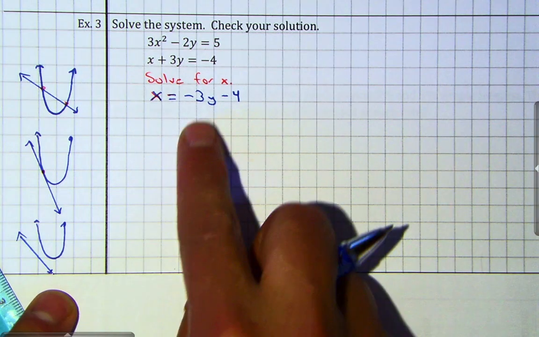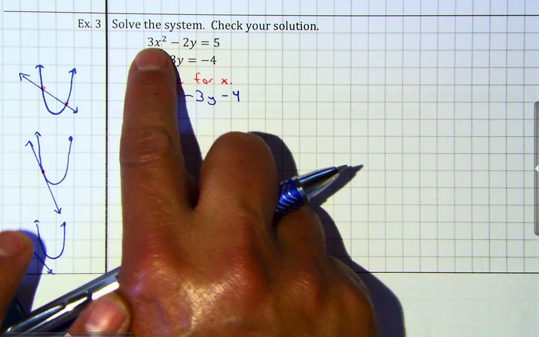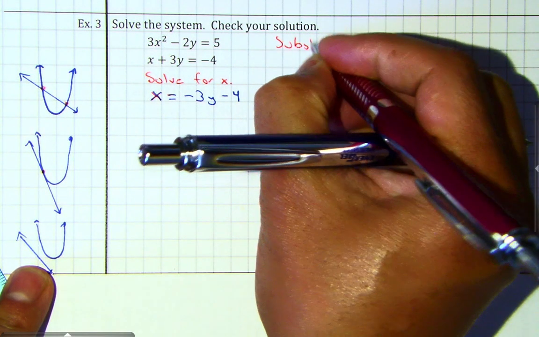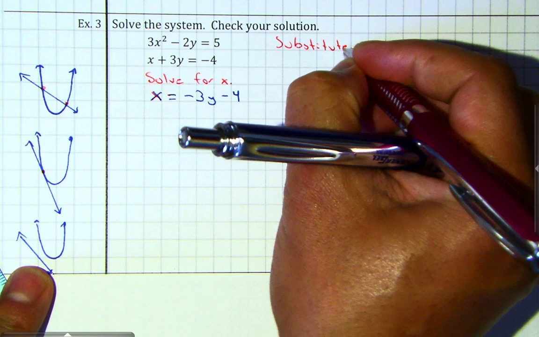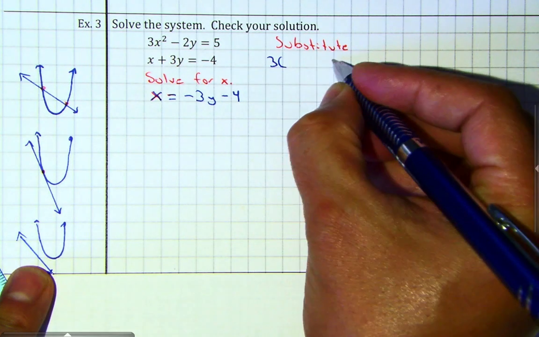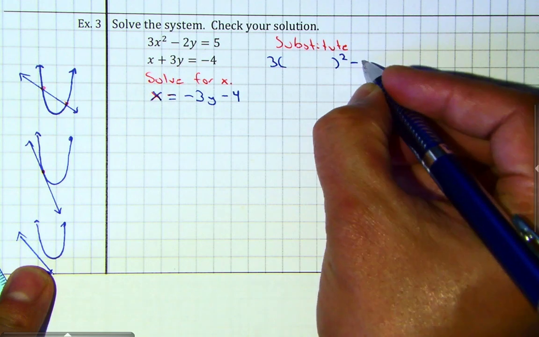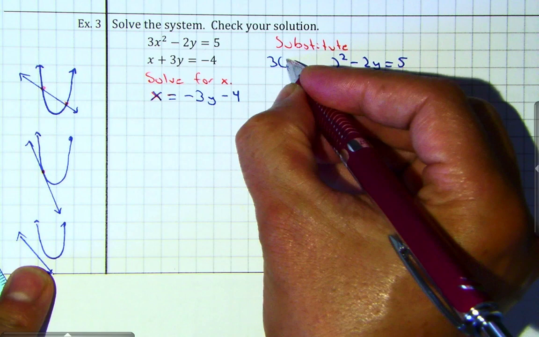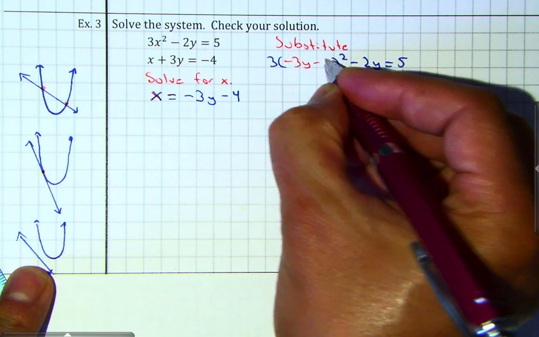We should plug this into the other equation. So we're going to substitute into the other equation. Therefore it will be 3x squared minus 2y equals 5. But instead of the x, I'm going to replace it with the value, which is negative 3y minus 4.